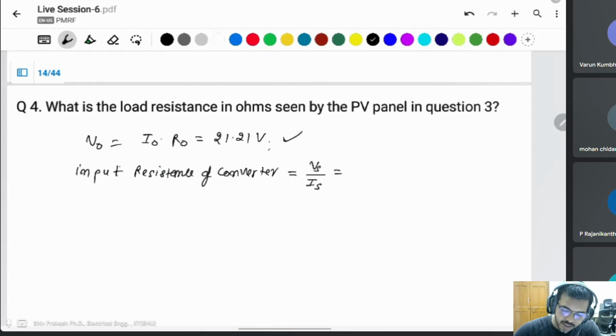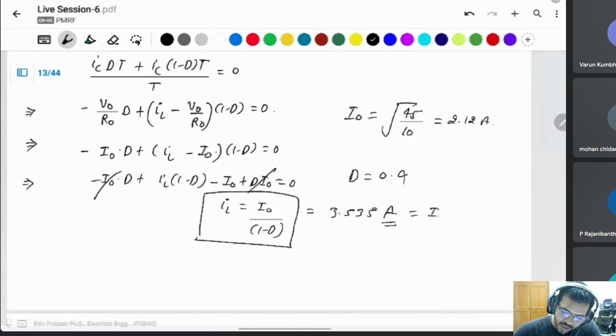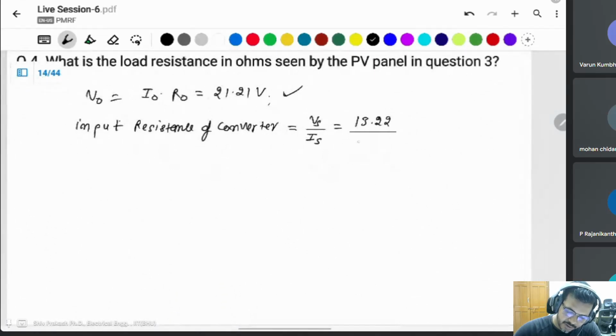Is is the same as the IL because it is a boost converter, same as the Is, 3.535. So 3.74 ohms.